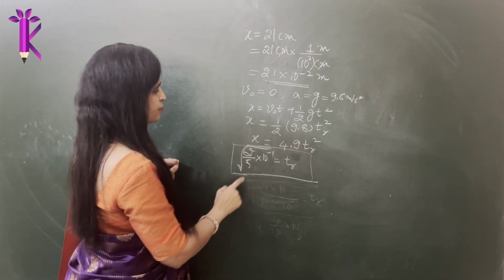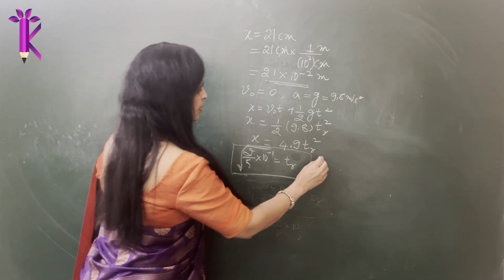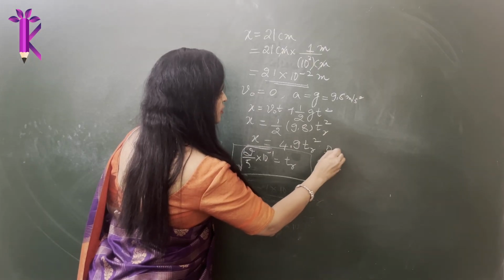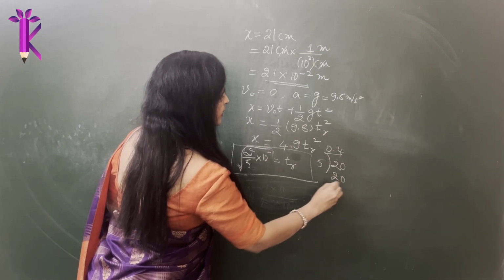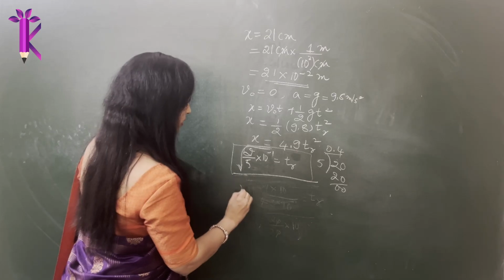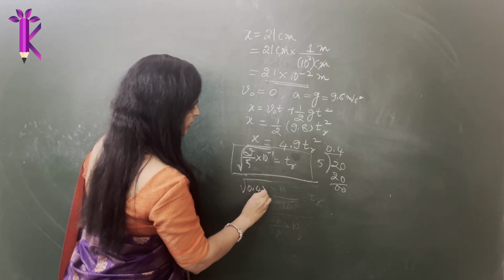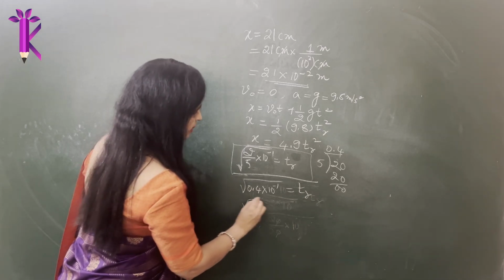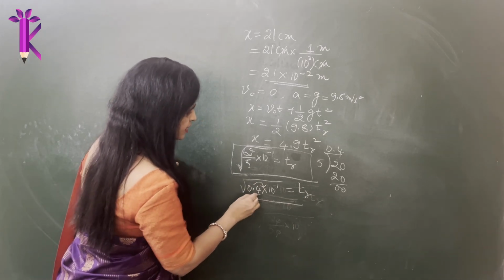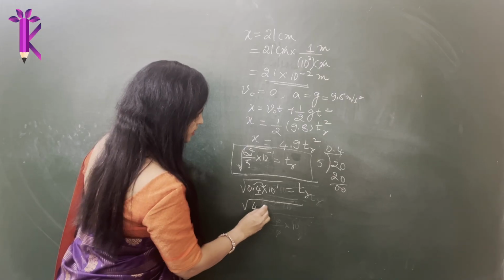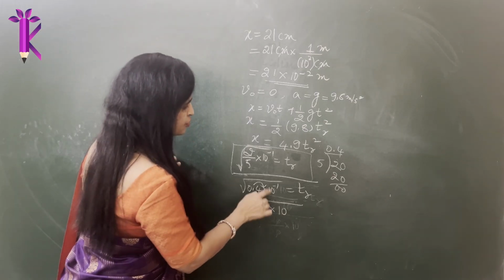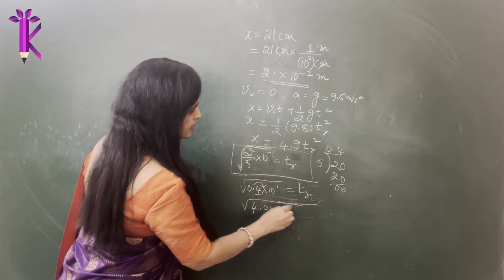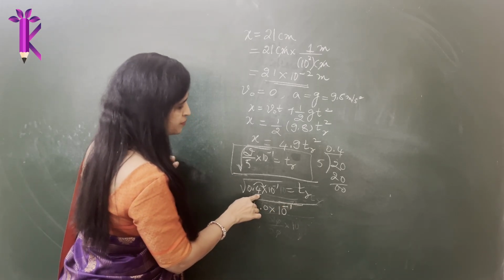So with this, now you have to calculate. 2 divided by 5 is 0.4. So it is the square root of 0.4 into 10 to the power of minus 1, which will be your reaction time. 0.4 can be written as 4.0 into 10 to the power of minus 1, since we shift the decimal place to the right by 1 decimal place, and when you shift the decimal place to the right, the power of 10 decreases by the number of places you are shifting.